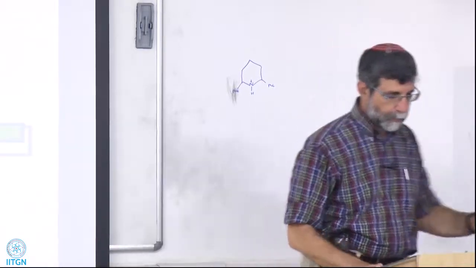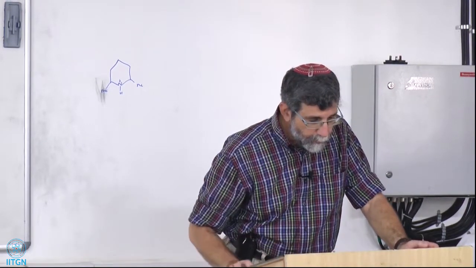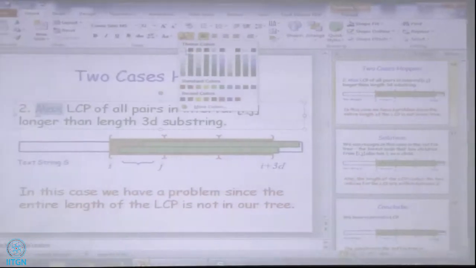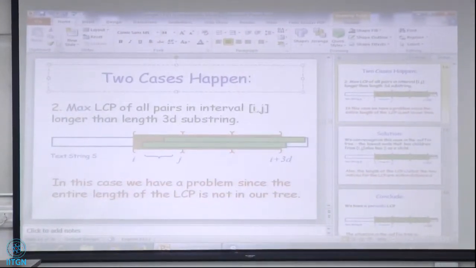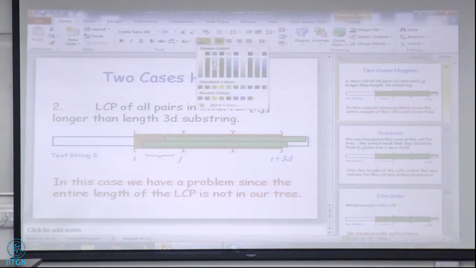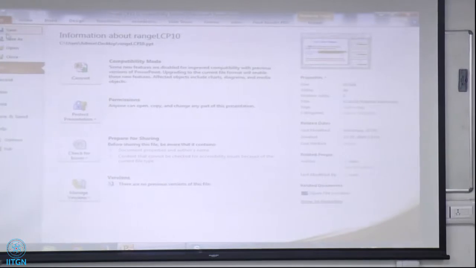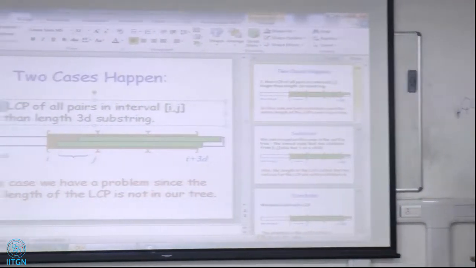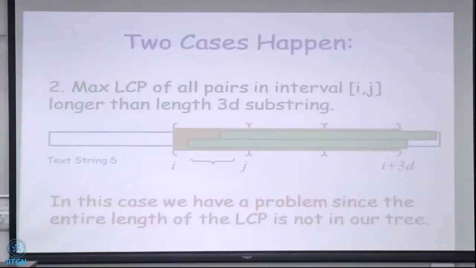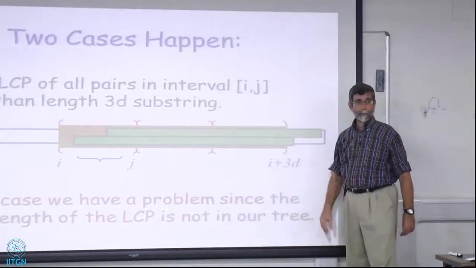Okay, so the max LCP of all pairs in the interval is longer than the length 3d substring.